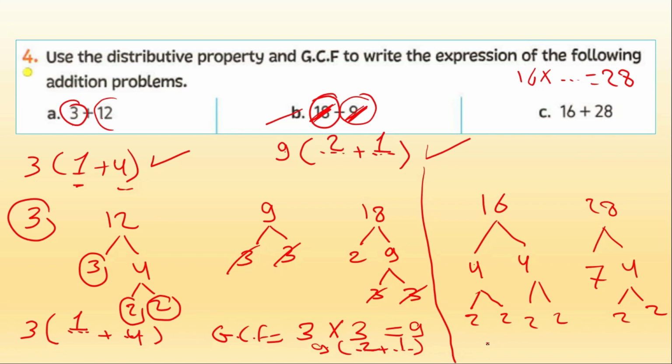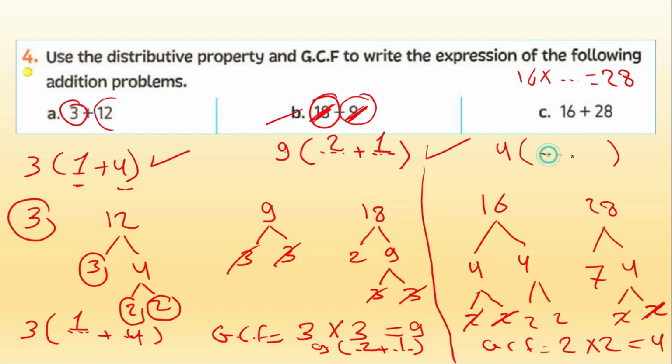Find the GCF. The first common factor is 2, and then there is another 2, so 2 times 2 equals 4. So the greatest common factor is 4.